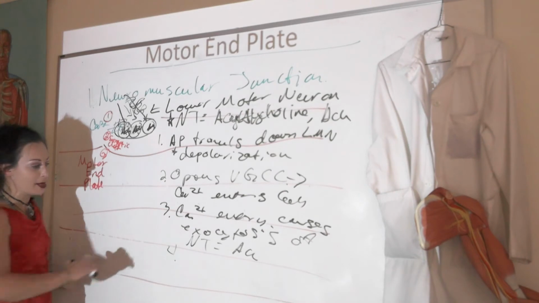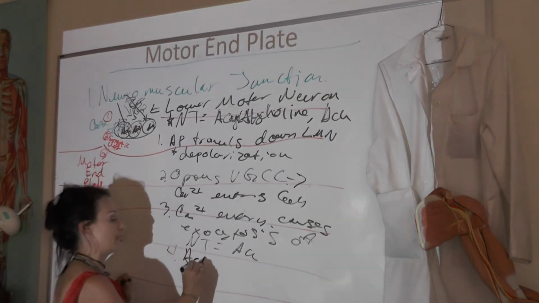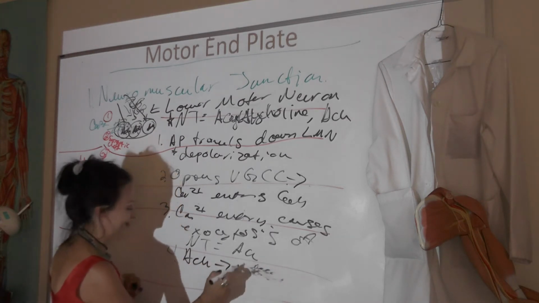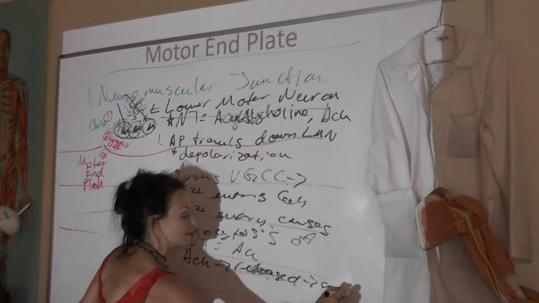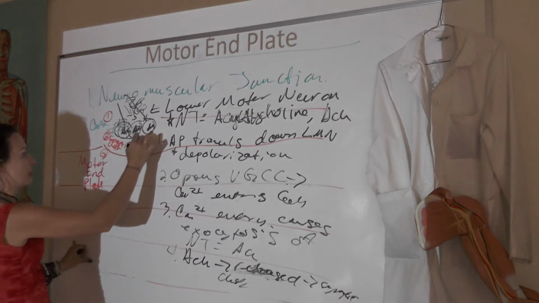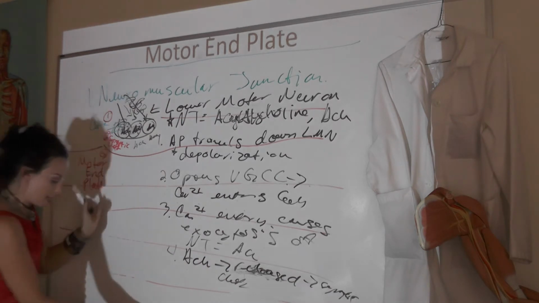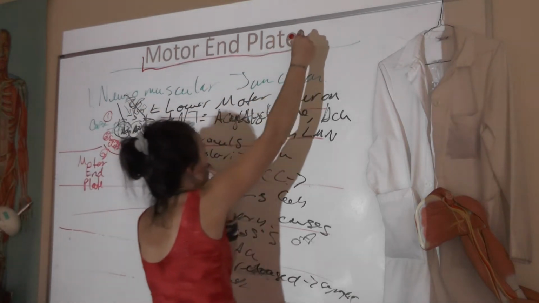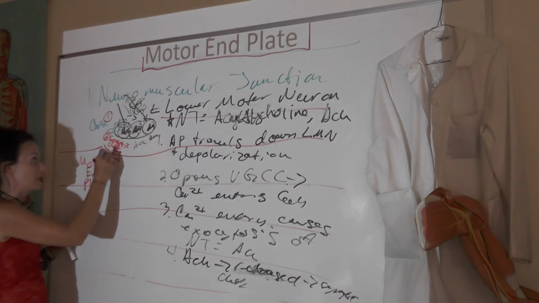So, calcium entry causes exocytosis of acetylcholine. Acetylcholine is released to the synaptic cleft. Okay, so now I've got acetylcholine in here. And the motor end plate is this specific region of the muscle fiber that contains a specific type of receptor.